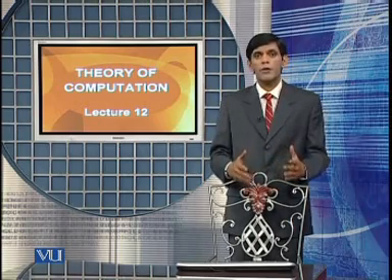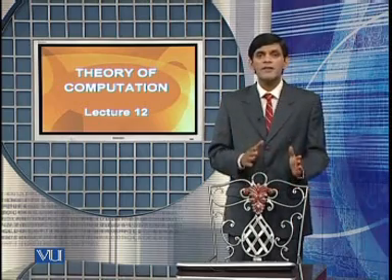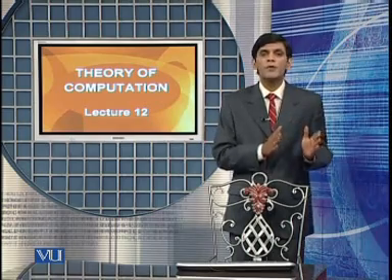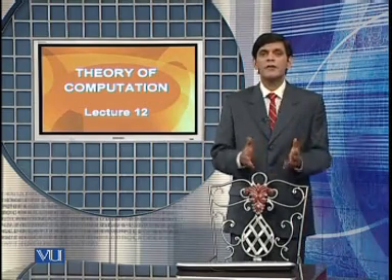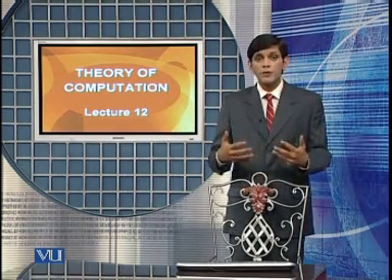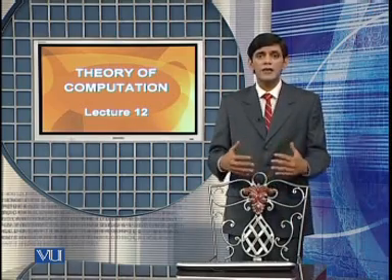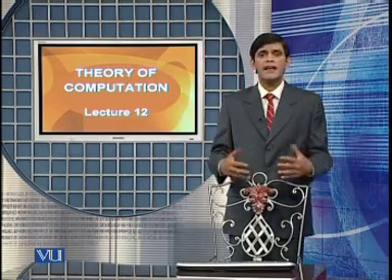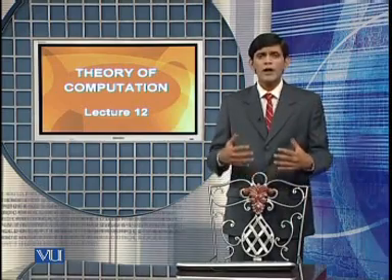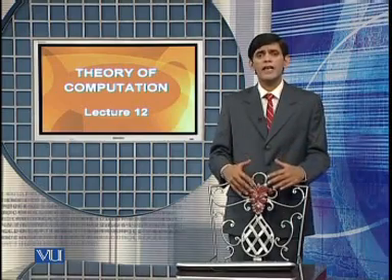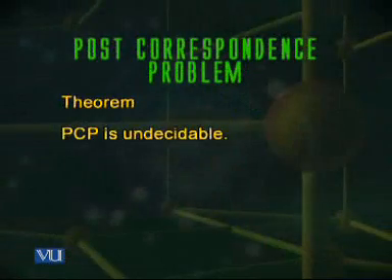To show that a problem is not decidable, we must actually construct a formal proof that the problem is not decidable. Once we have proved that, we can be sure that no algorithm can ever decide that problem. So how will we go about proving that the PCP is undecidable? The theorem that we want to prove is that the PCP is undecidable.